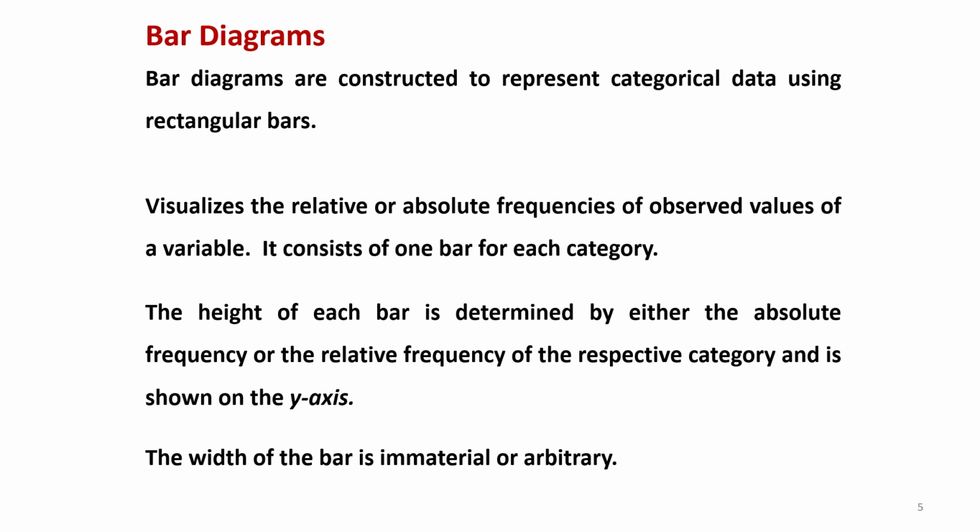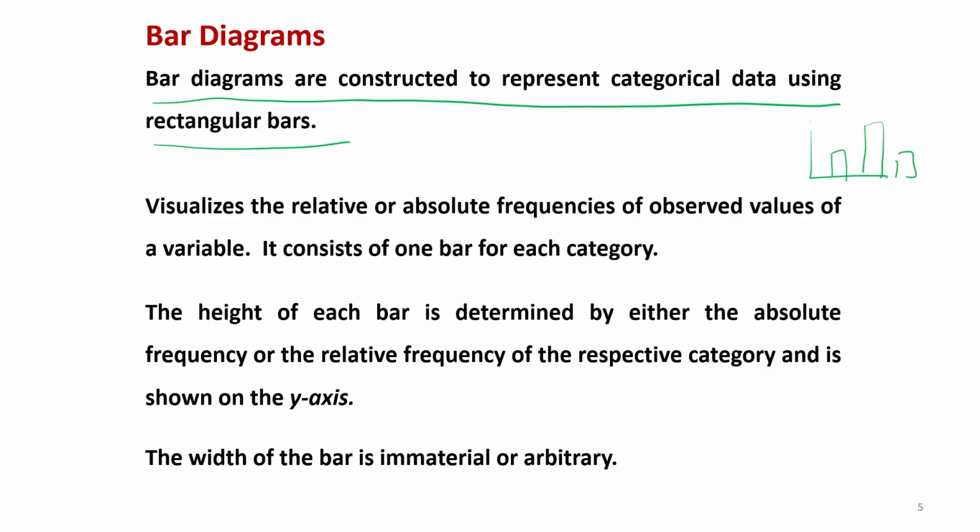So let us first discuss the bar chart or bar diagrams. One thing you have to keep in mind is that bar diagrams are constructed to represent categorical data using rectangular bars, right? We have XY axes and we create these types of bars. These bar diagrams visualize the relative or absolute frequency of the observed values of a variable, and each category is indicated by one bar.